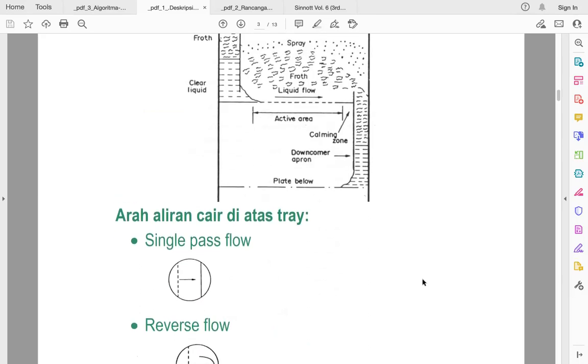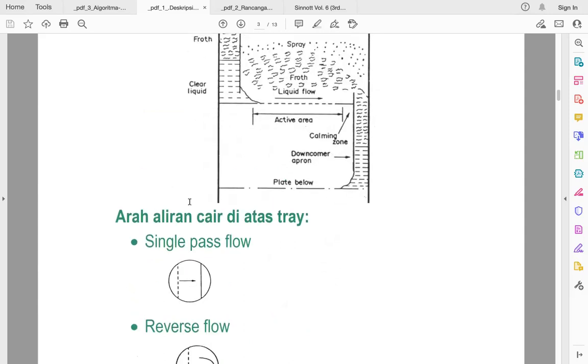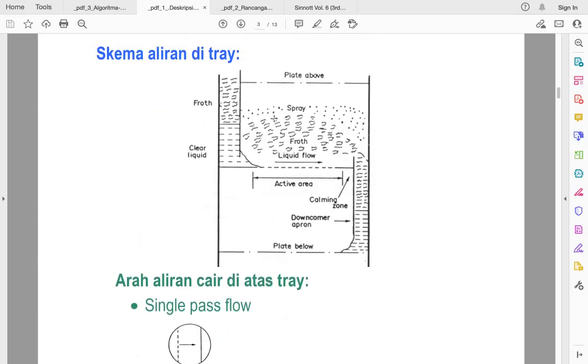Okay, so for the flow pattern, aliran arah cair, on the tray, we have a single path. That means it looks like this. So this is a single path.